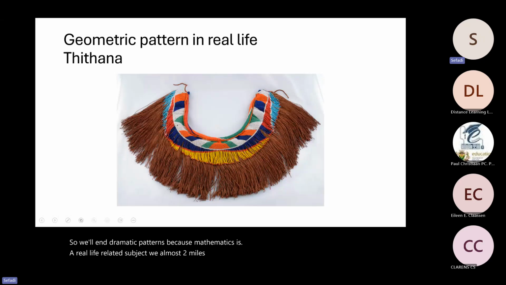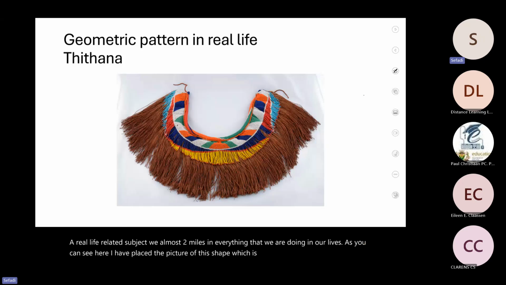As you can see here, I have placed the picture of this shape, which is called Titana in Sesotho. It is an object that used to be worn by the Lesotho girls, but that is not our main focus. Our main focus here is on the geometric patterns.